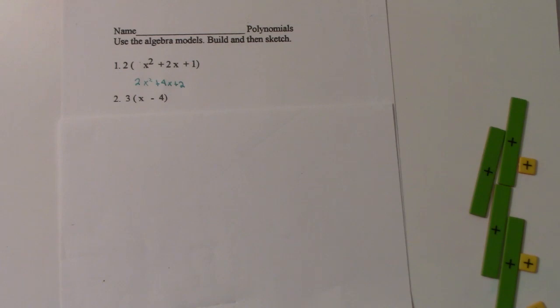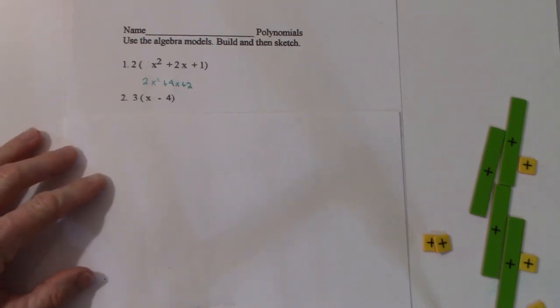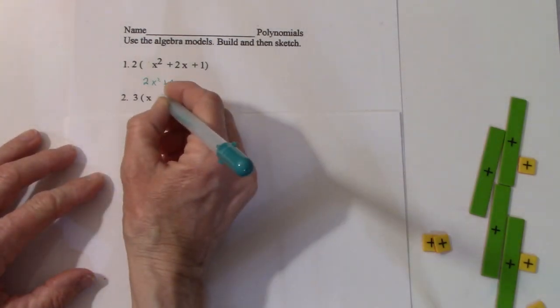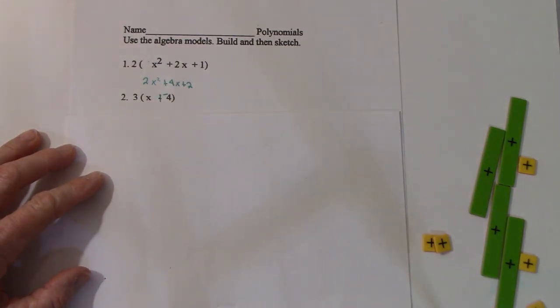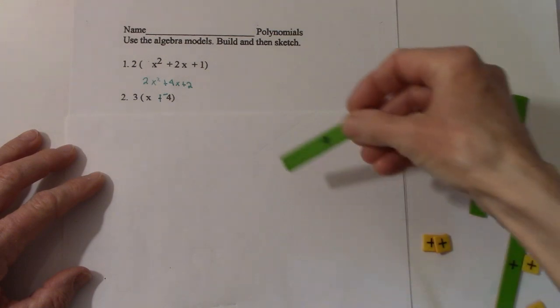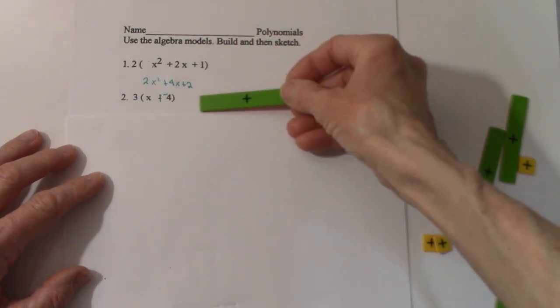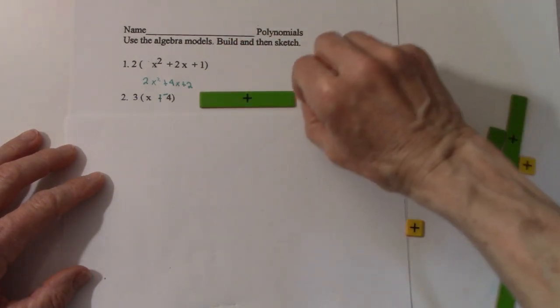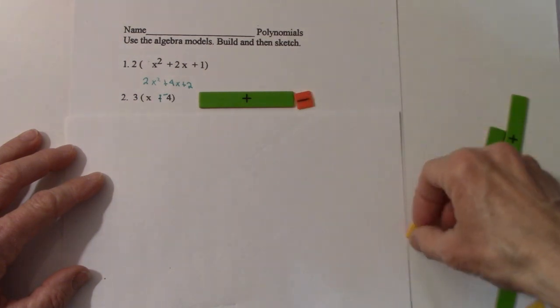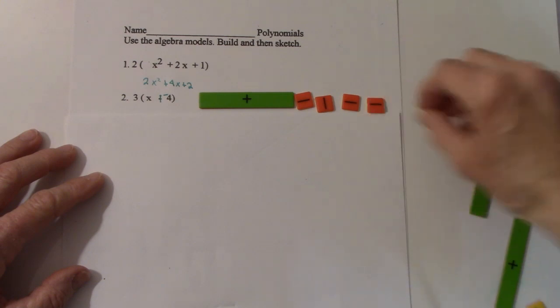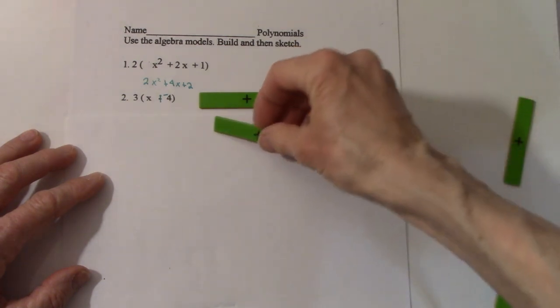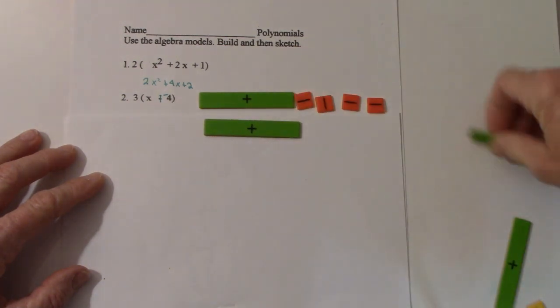We have the commutative property when we have addition, but not when we have subtraction. So here we can change this to x plus negative 4. So we're going to have an x plus negative 4. And that's one group. And then we need 3 groups.